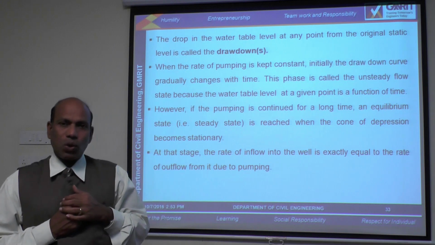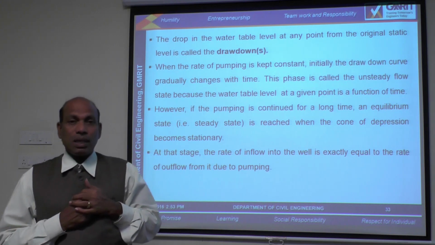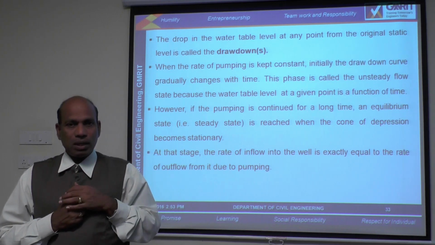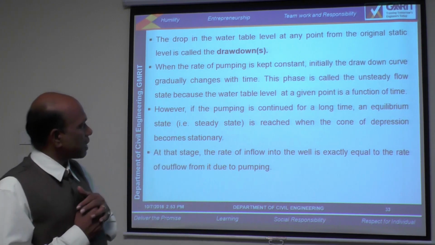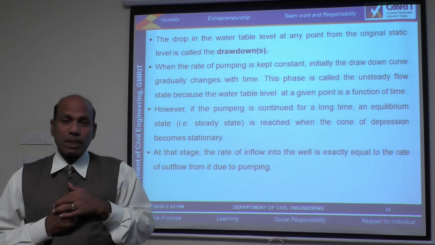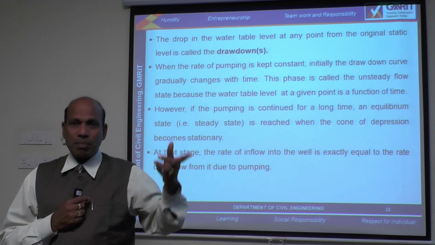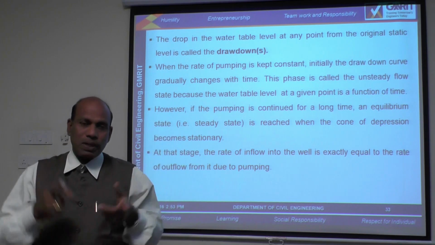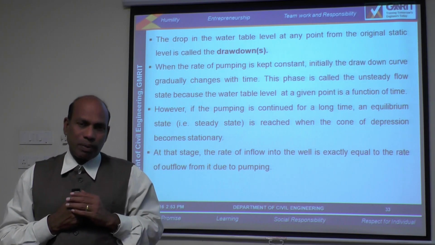This phase is known as unsteady state because the water table is a function of time. However, if the pumping is continued for some time, it reaches the equilibrium stage when the cone of depression is stabilized. That condition is known as the equilibrium stage.